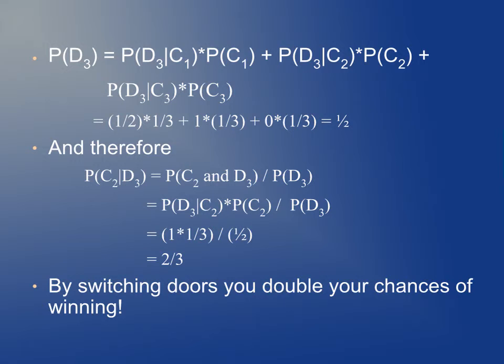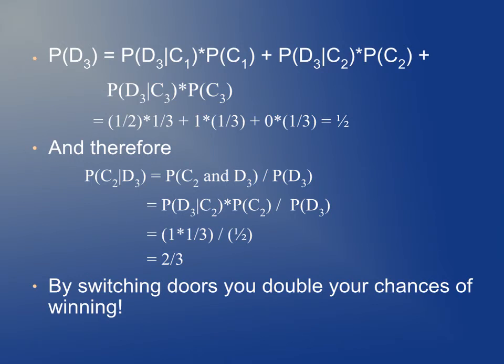So let's find the probability that the car is behind door 2 given that the host opens door 3. That's equal to the probability that the car is behind door 2 and the host opens door 3, divided by the probability the host opens door 3. We've already calculated the probability the host opens door 3, but what's the probability that the car is behind door 2 and the host opens door 3?